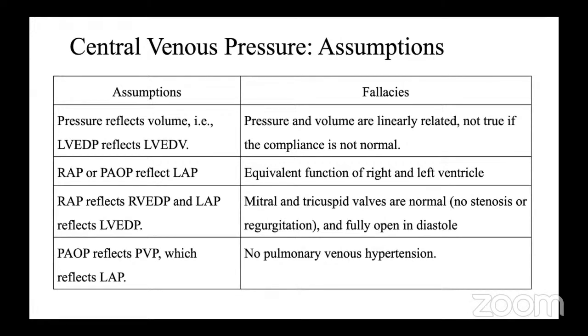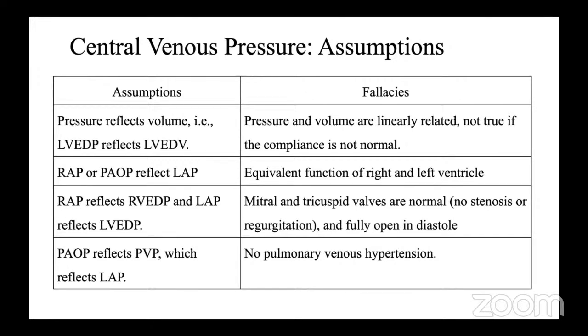The second assumption we make is that the right atrial pressure or pulmonary arterial occlusion pressure reflects the left atrial pressure. Also, that left atrial pressure reflects the left ventricular end-diastolic pressure, and both are obviously not going to work if there is a valvular problem in between.